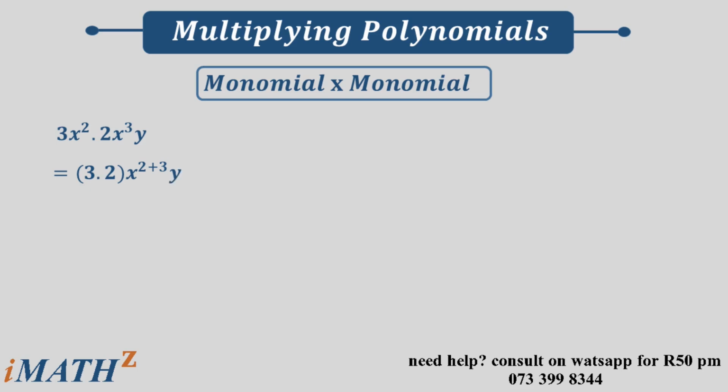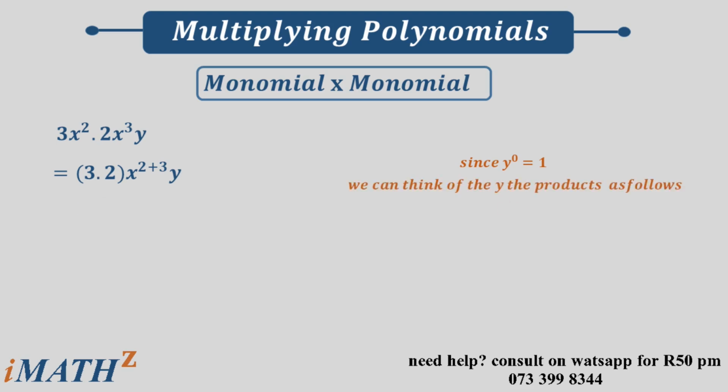Next we have the times y at the end. If you have difficulty understanding what was done with the y, you could think of 3x squared as having a y to the power 0 which isn't shown, because y to the power 0 is equal to 1. So the final y can be thought of as coming from the multiplication rule.